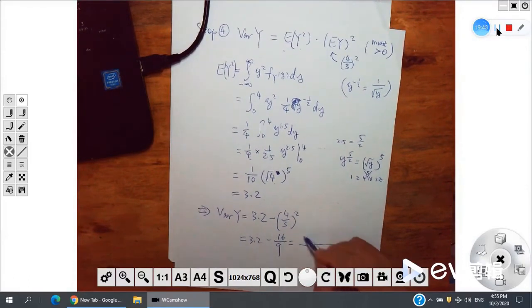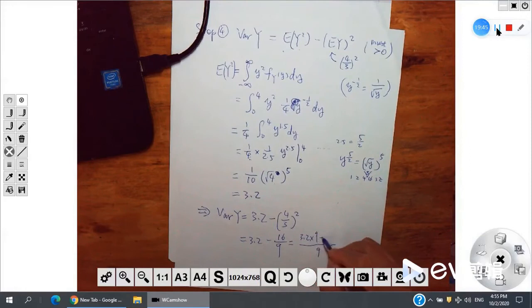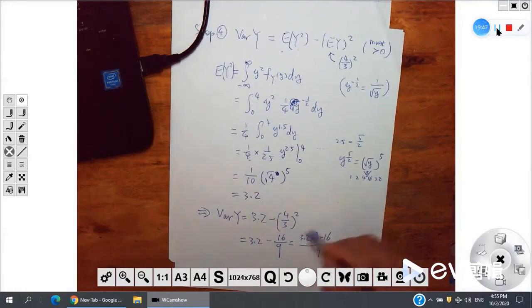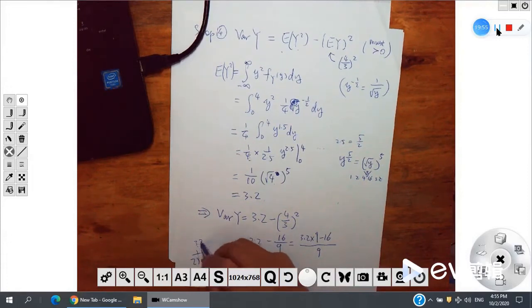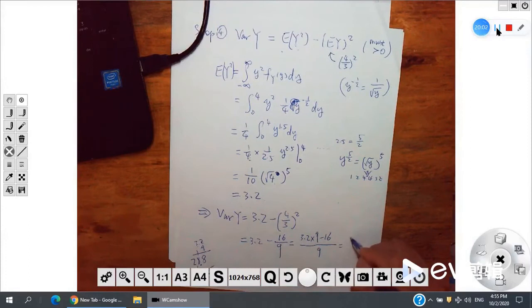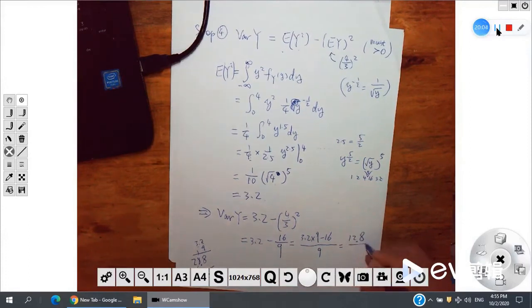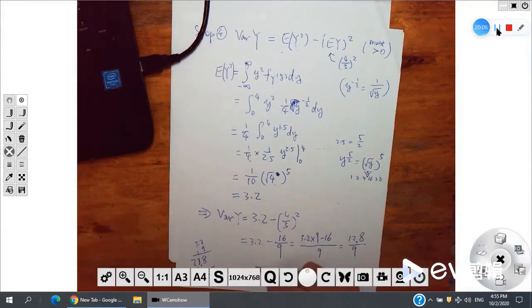Here should be 3.2 times 9, minus 16. So 3.2 times 9: 2 times 9 is 18, 3 times 9 is 27, so 28.8, and minus 16, so this is 12.8 over 9. And if you do not like the dot in the numerator, you put 128 over 90.